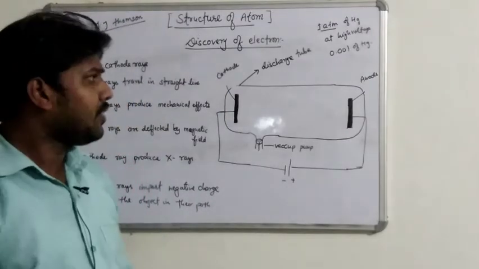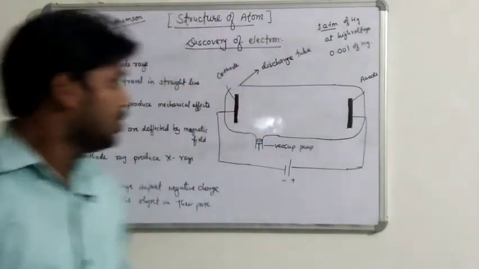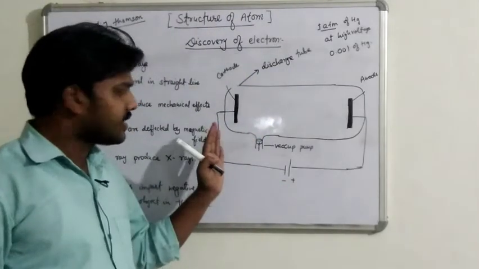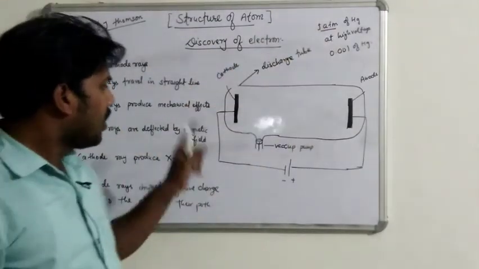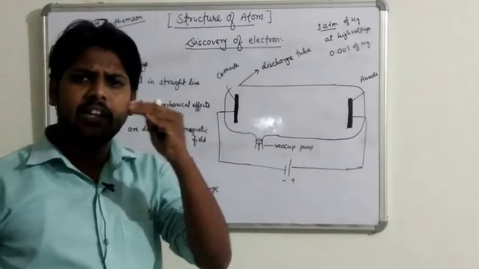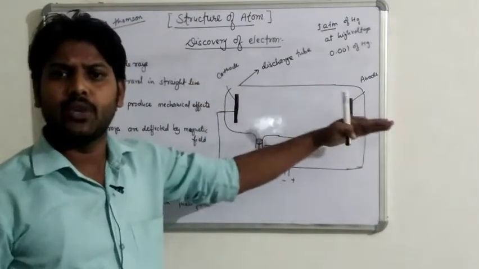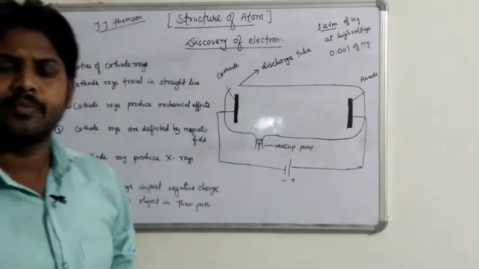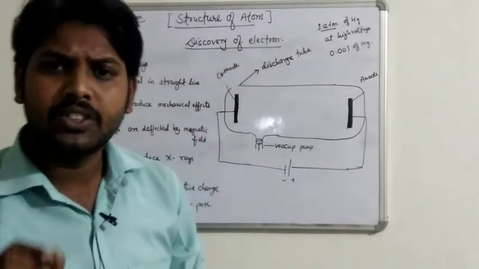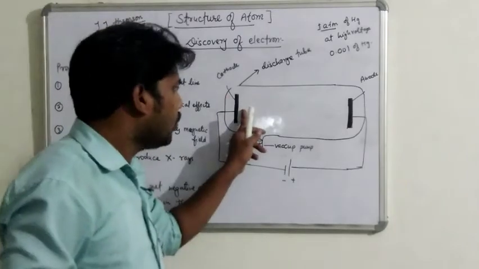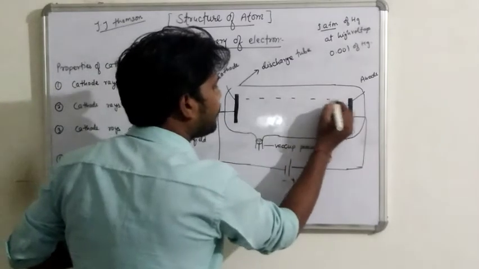So after a while, after reducing the pressure of the gas, he observed that rays emerged from the cathode and moved towards the anode in a straight line.